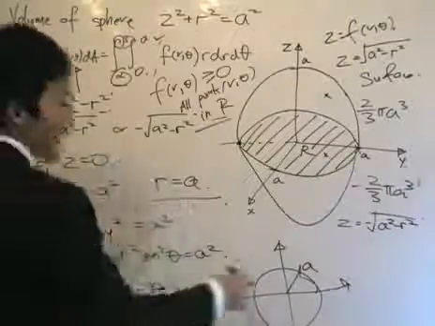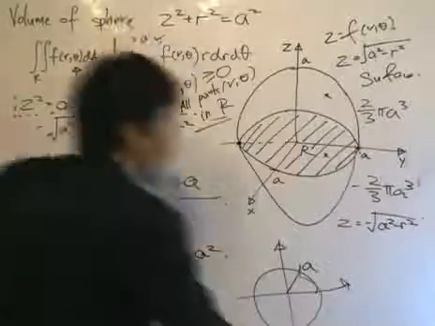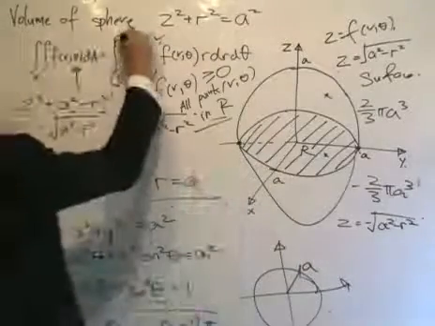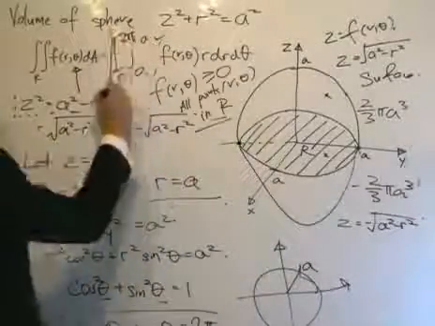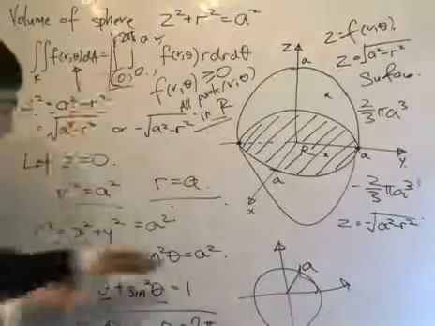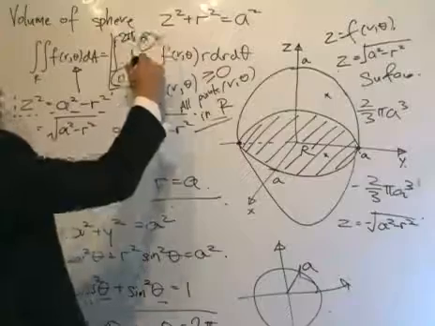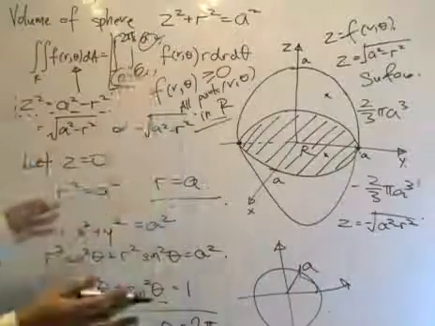This is why alpha becomes 0 and beta becomes 2 pi, because this would satisfy our initial conditions from the theorem of the double integral. Beta is greater than alpha, and that is what we have.